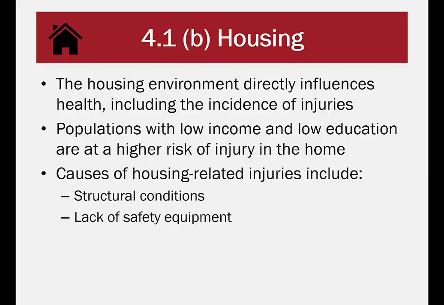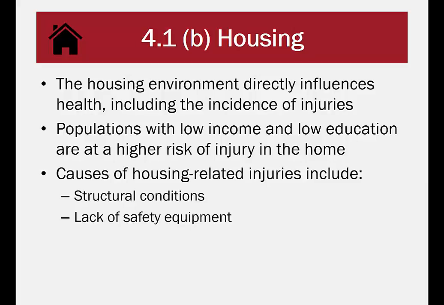Structural conditions in the home are associated with increased injury risk. These conditions include things like exposed heating areas, unsecured upper-story windows, low windowsill heights, slippery surfaces, and so on.